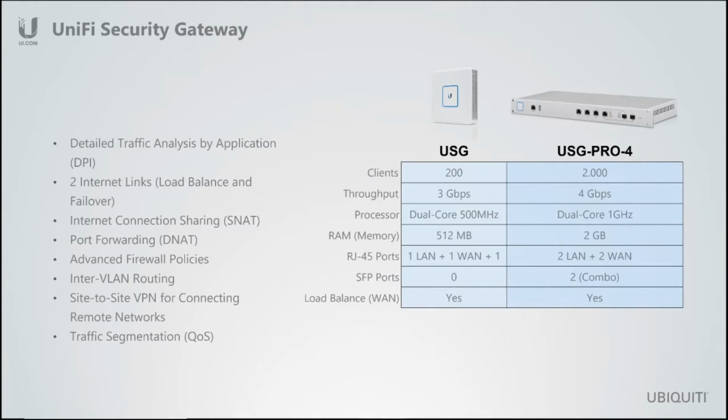It also supports IPS, that is intrusion prevention system, as well as IDS, that is intrusion detection system. It also has support for GeoIP, in case you want to block traffic from a particular country; you can create rules so that traffic from that entire country will be blocked. That is the traffic to that country or from that country, that is up to you. I hope that answers your question.